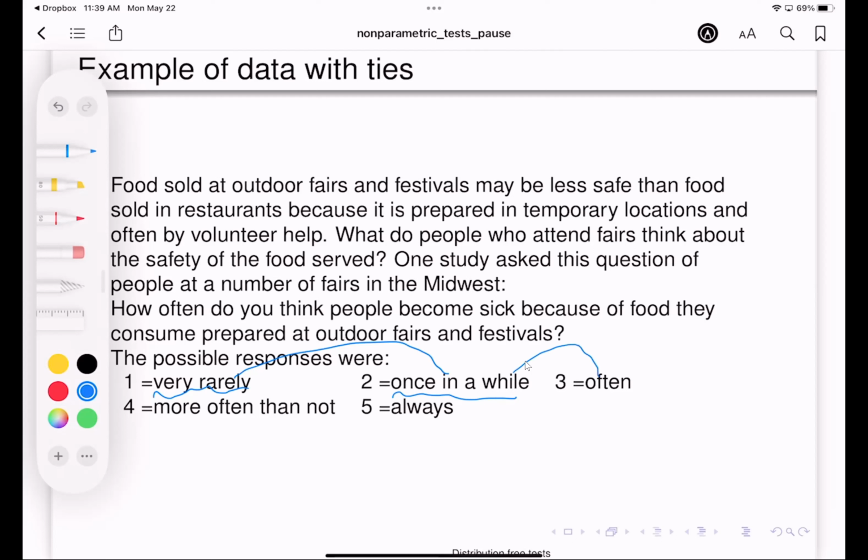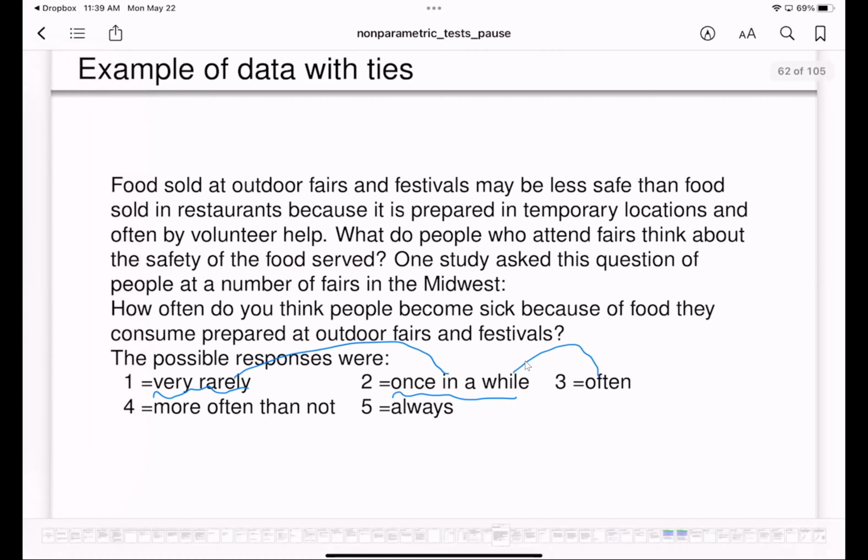In the case of categorical responses like this, the distance does not really make sense. It's not meaningful to have such a distance. So if you treat these values as 1 to 5 numerically, it's inconsistent with the meaning of these categories.